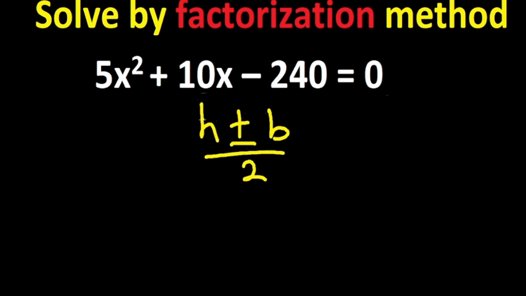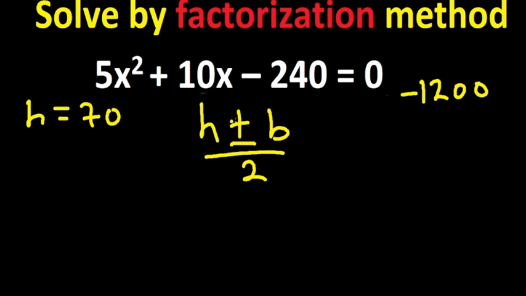So remember that h is the discriminant, which we have already calculated as 70. Now we're going to plug in the respective values into this formula and find the factors of negative 1200 that will give us 10.